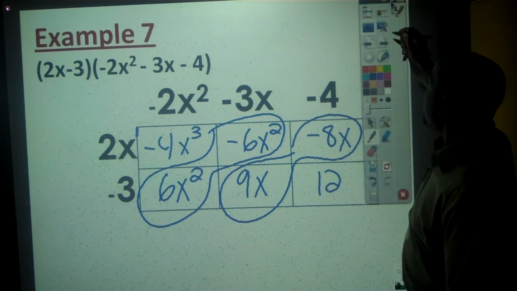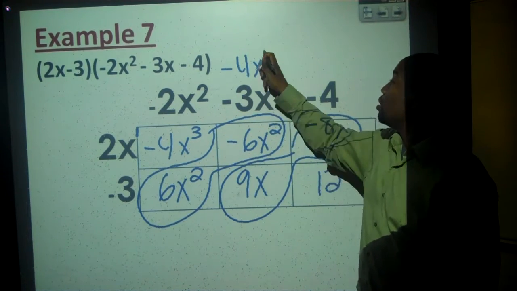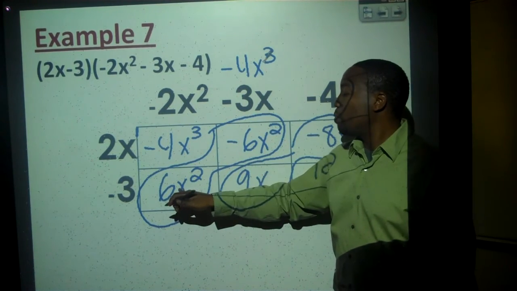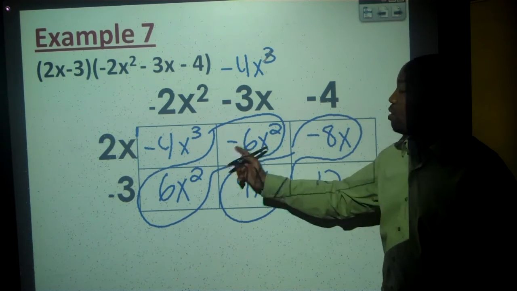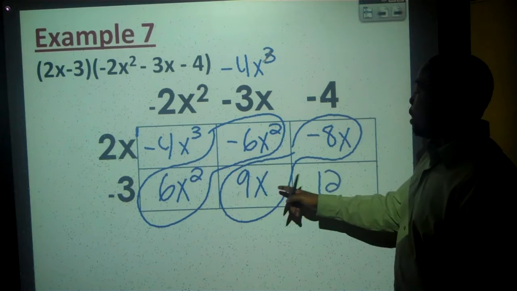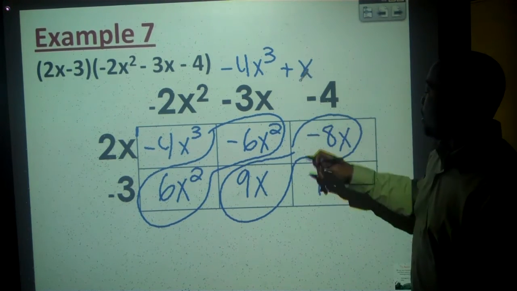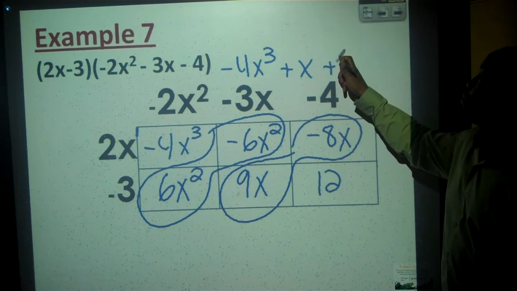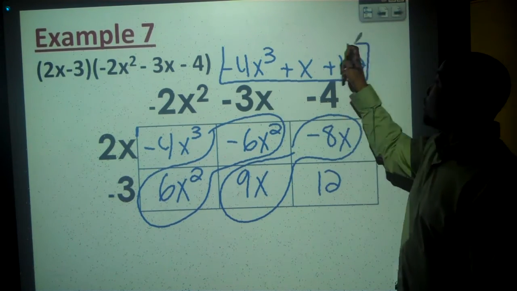So when I bring everything together, we're going to do -4x to the third. -6x squared plus 6x squared just turns into nothing, it would be 0, so I don't even need to put that in there. 9x minus 8x gives me +x, and this would be +12. So now this is my answer.